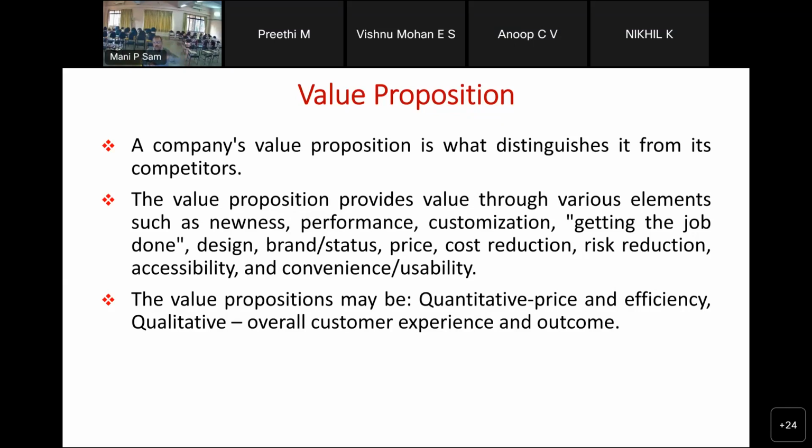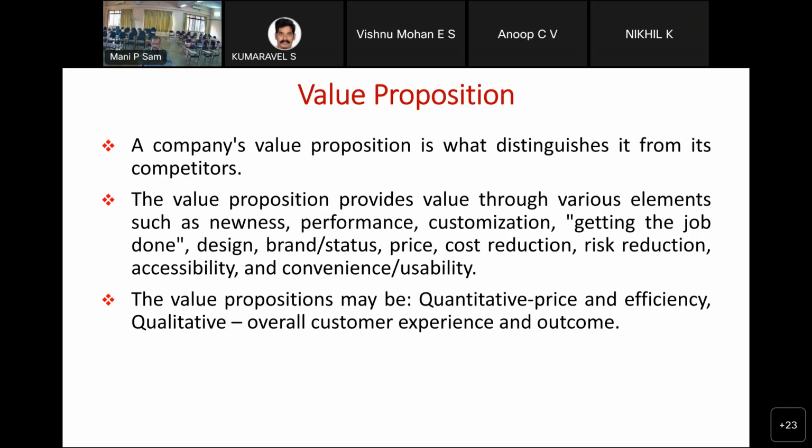It will be through the newness of your product or the technology, the way it performs, how it can be customized for a specific customer, the physical design, the industrial design, or the perceived value of the brand, or the price at which it is offered.